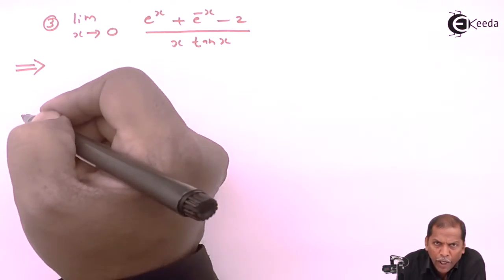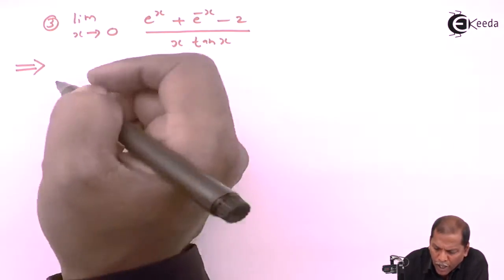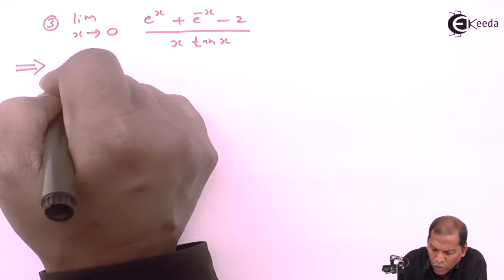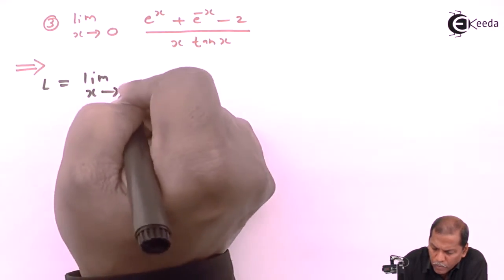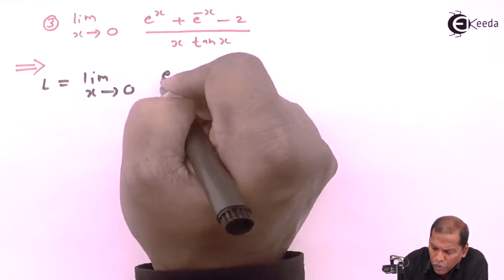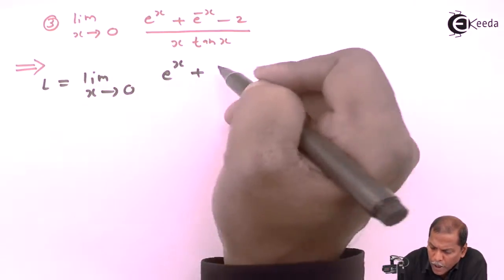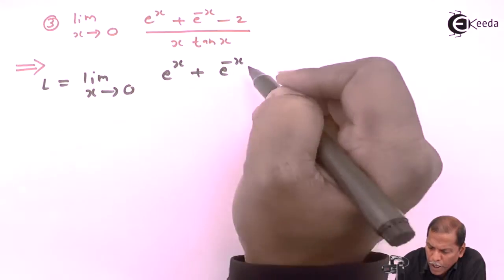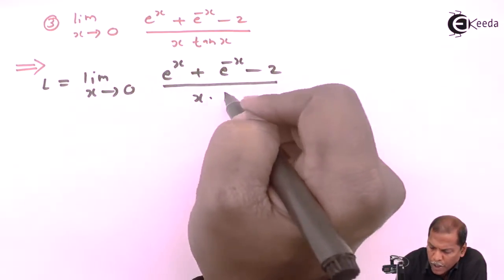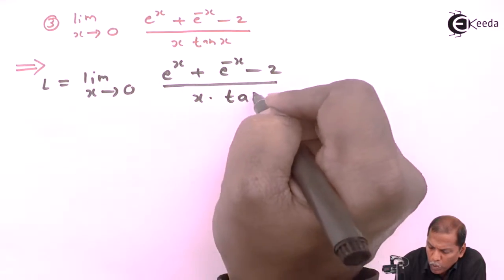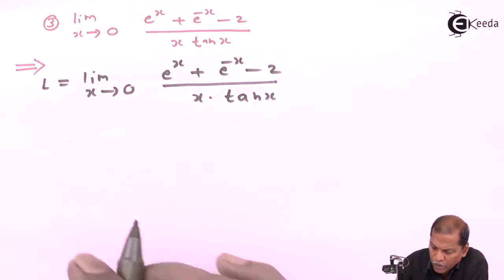First of all, we denote the given limit as L. So L is equal to the limit as x tends to 0 of (e^x + e^(-x) - 2) upon x into tan x.